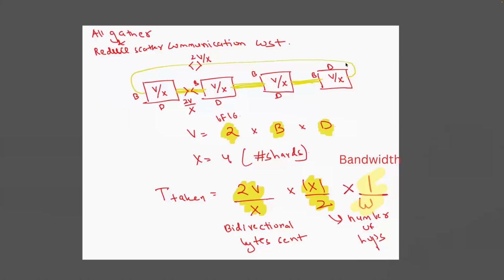Generally, this wraparound is the bottleneck, so to get a worst case scenario, we take the wraparound bandwidth as the limiting factor.